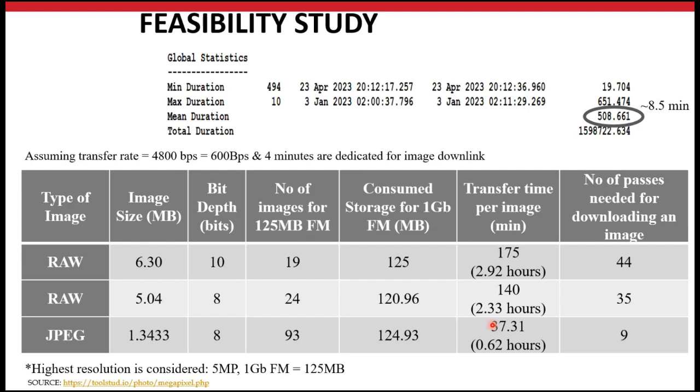But if it is too big, maybe it's not feasible for certain applications of CubeSat, because it may require a lot of passes in order to download the packets of the imagery data, right? So the greater the size of the image, the more passes of the satellite it requires to download each packet of image data to complete only one image.